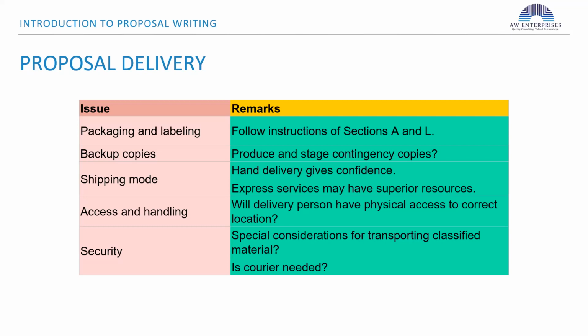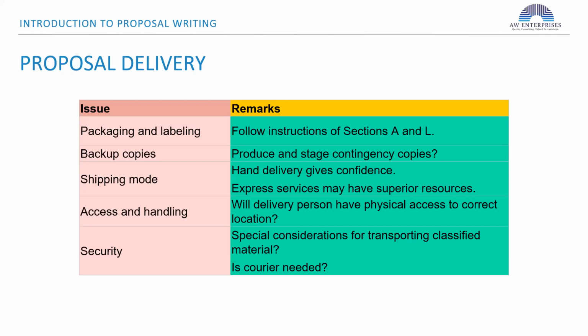Access and handling. So you have to think about if it's a manual submission you have to do, which is rare, that it goes out of your office in time to get to the location where it's submitted in time. Be it whether you're mailing it or shipping it or having a personal delivery person take it, okay?